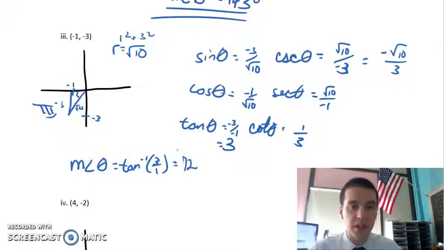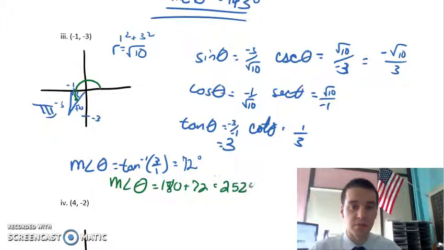Now we know that's not what it actually is. This is the reference angle of 72 degrees. So we need to actually find it. Remember that we're looking at all the way around. So measure of angle theta really is 180 plus 72 to give us 252.